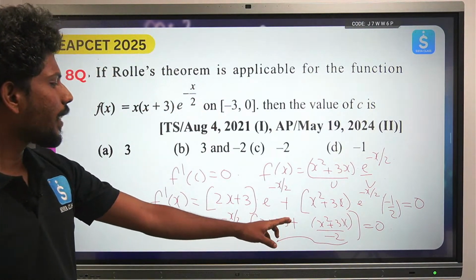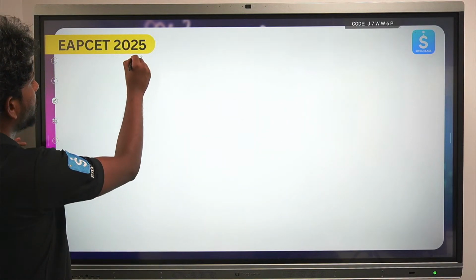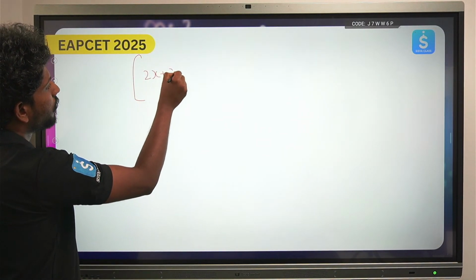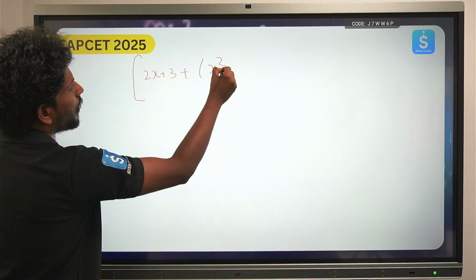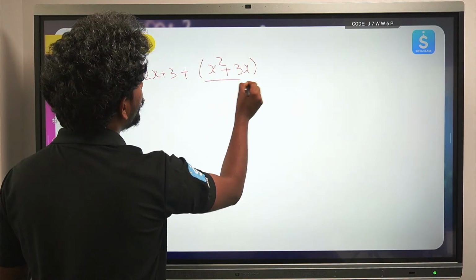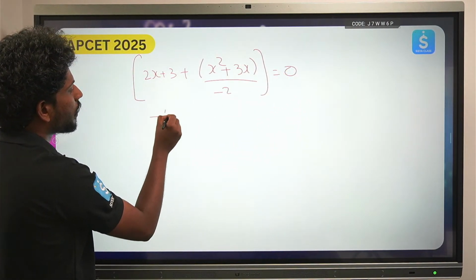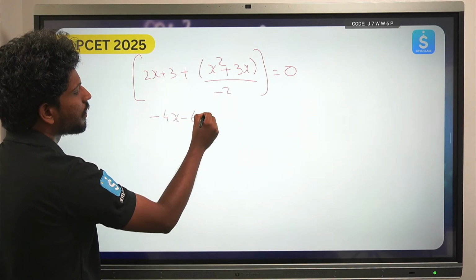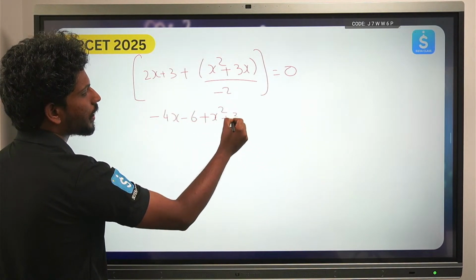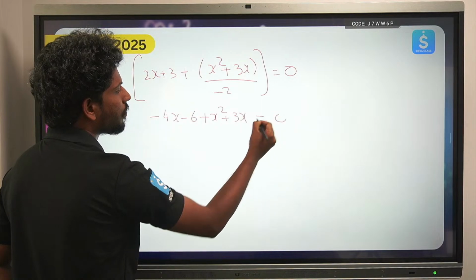So that is 2x plus 3 plus x square plus 3x minus 2 is equals to 0, right? So this will become minus 4x minus 6 plus x square plus 3x by minus 2. This will be equal to 0.